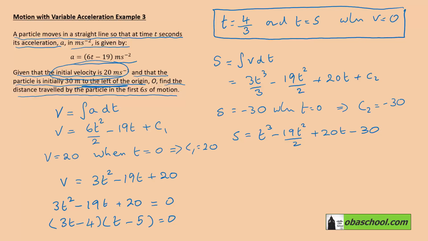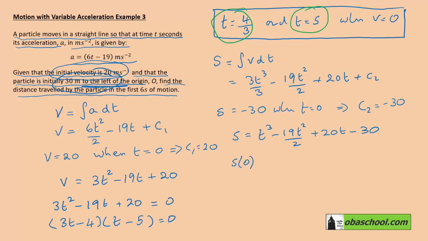Now to work out the distance travelled, I'm going to need to know the displacement initially, and we do know that because we were given that in the question. I'm going to need where it is on each occasion that it's stationary, and I'm also going to need to know where it is when t equals 6.